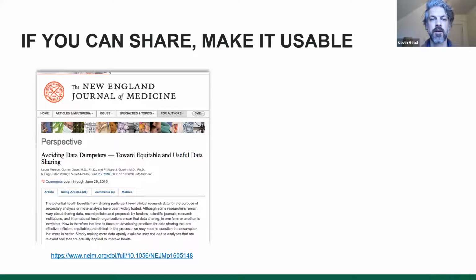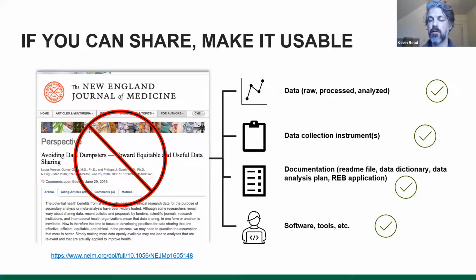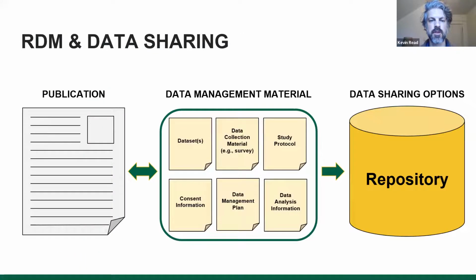So if you share, what you want to be doing is thinking about the data collection instruments, the documentation, and the software. So again, I just want to reiterate this to bring it home. This is a really important facet of what data management is. So when it comes to the publication, all the additional data management material comes with it. And if you can, the data gets shared in that repository.